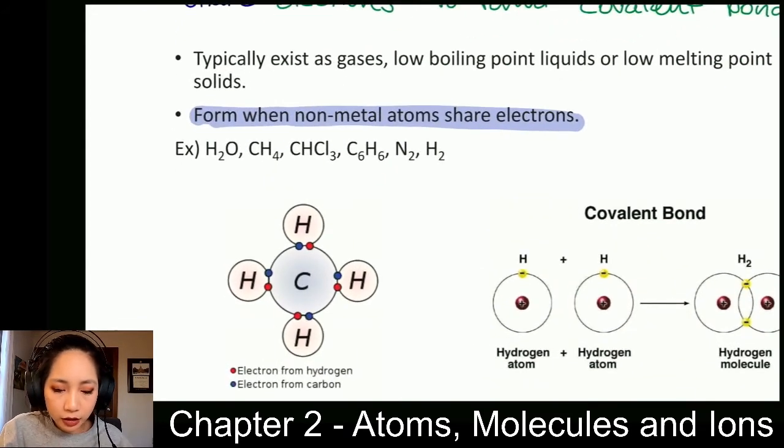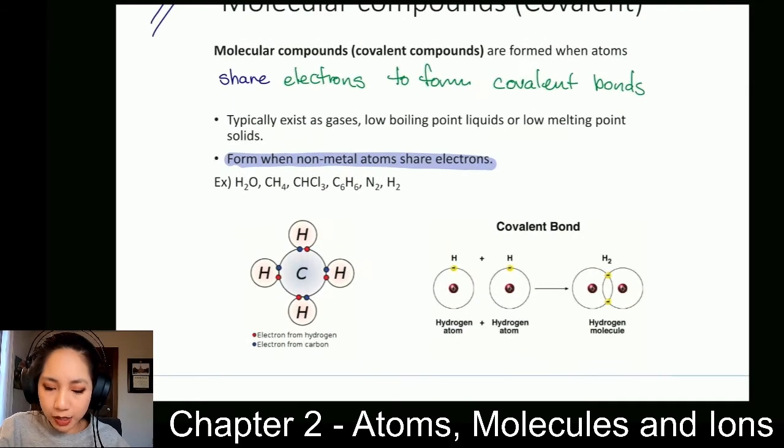So I have some examples here of molecular compounds: H2O, CH4, and all of these molecular compounds are all formed from nonmetals. They're all elements on the nonmetal side of our periodic table, and if we actually drew out the structures, they're formed through the sharing of unpaired electrons with adjacent atoms.